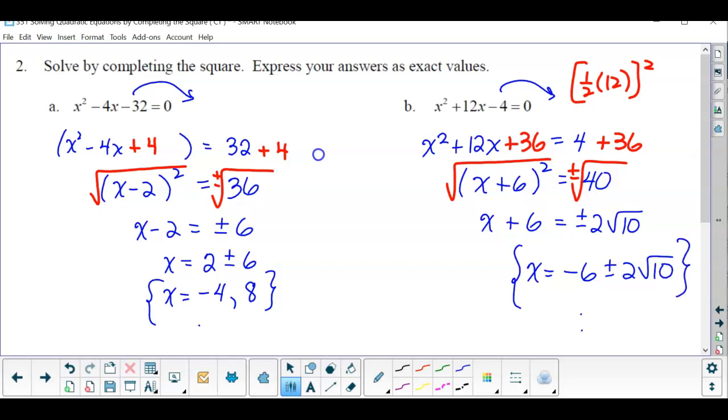And you can't do anything more, right? Can't add an integer with an irrational. Okay, so turn over the page.